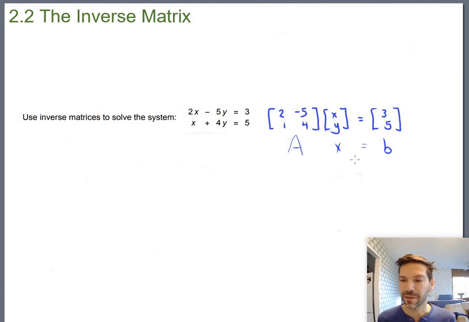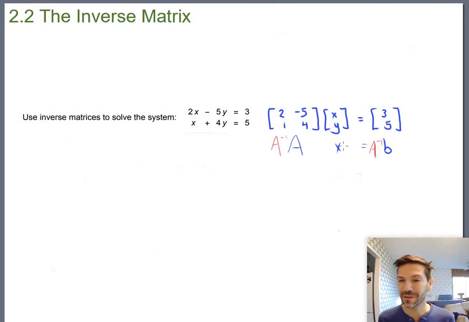And our method here, instead of creating an augmented system, is to find the inverse. And once we find the inverse, we'll multiply both sides of our equation on the left, because matrix multiplication is not commutative.